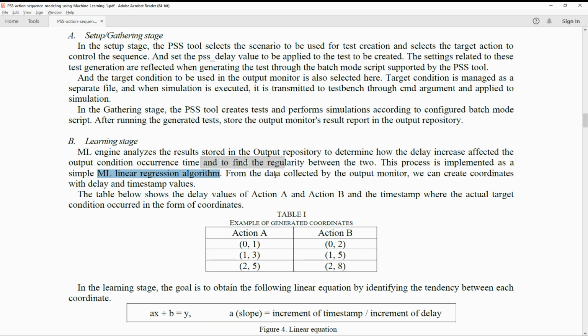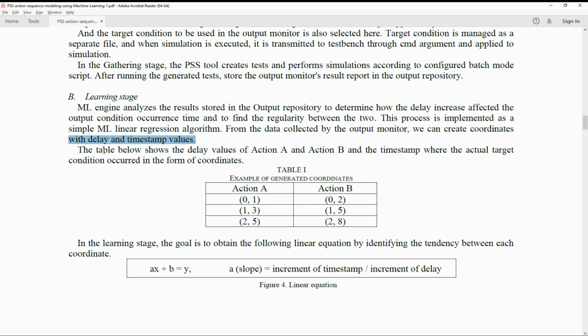From the data collected by the output monitor, we can create coordinates with delay and time step values. The table below shows the delay values of action A and action B and the timestamp where the actual target condition occurred in the form of coordinates.